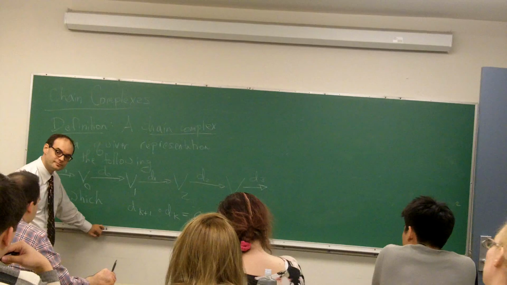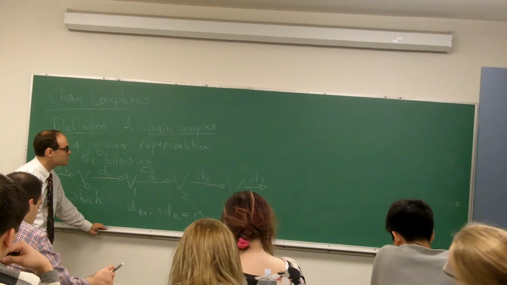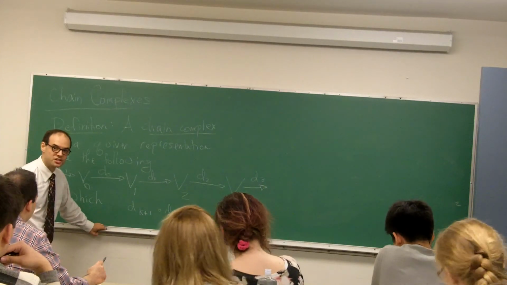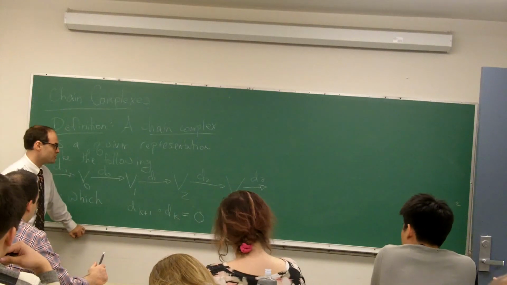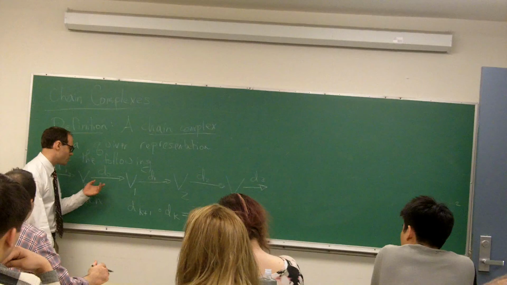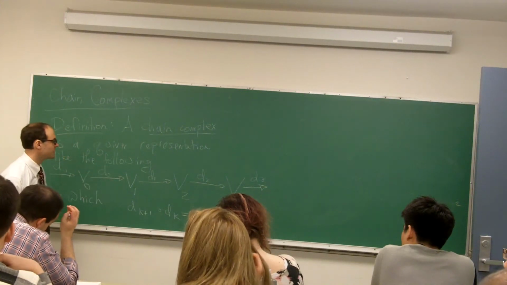So this is a very particular quiver representation. The one we had up on the board a moment ago is not a chain complex. But this definition does something interesting. It fits together the kernels and the images of the consecutive maps in a very particular way.